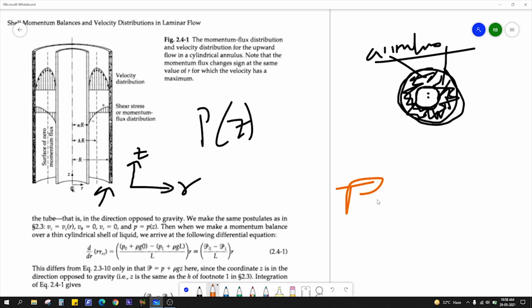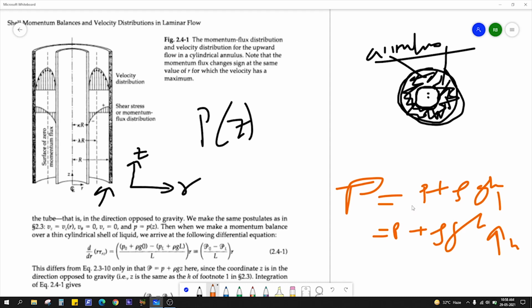Earlier we defined modified pressure as P plus rho gh, where h is the height upwards against the gravity. Now, since our coordinate system is in the upward direction, the modified pressure will be P plus rho gh only. Earlier it was minus because our coordinate system was in the downward direction. So this will be a change.